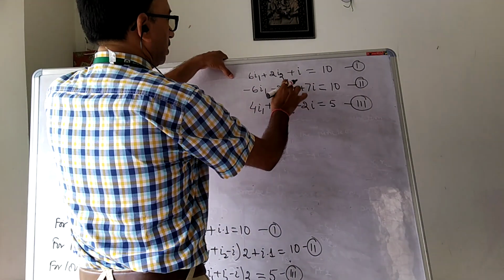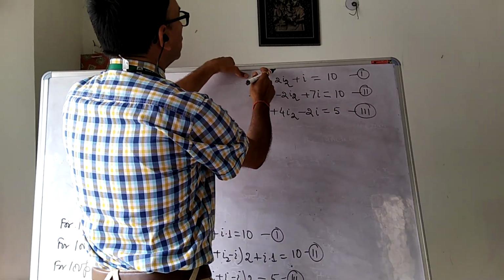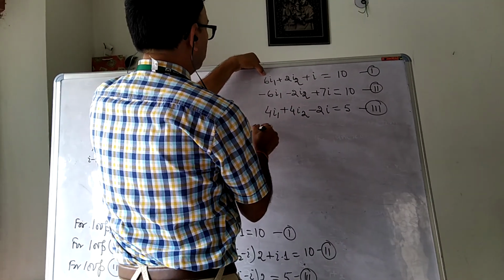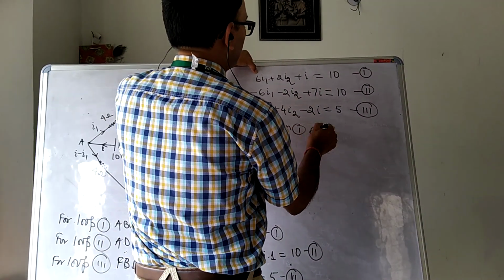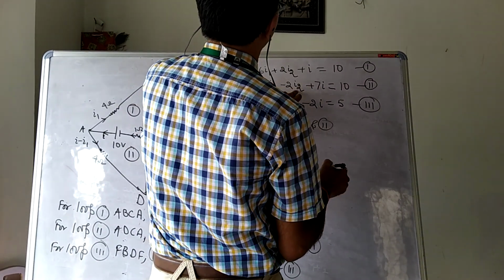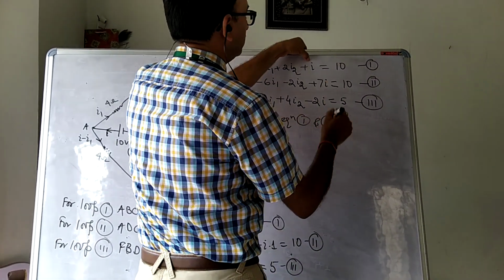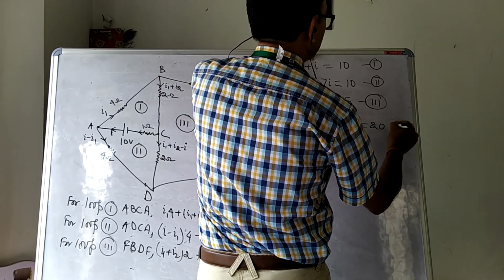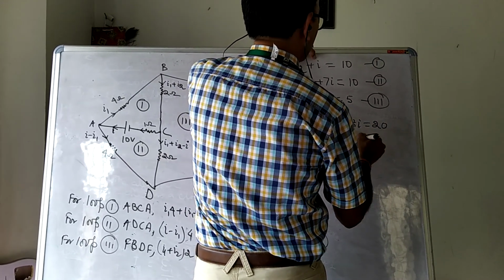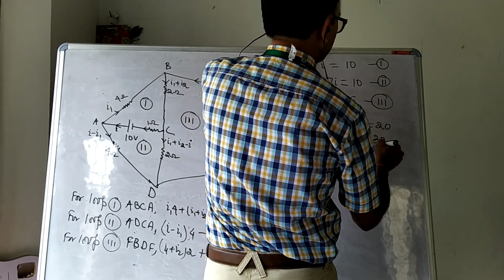Now let us solve from equations 1 and 2. From solving equations 1 and 2, these two will cancel, so it is 8I equals 20. Therefore, I equals 20 by 8.